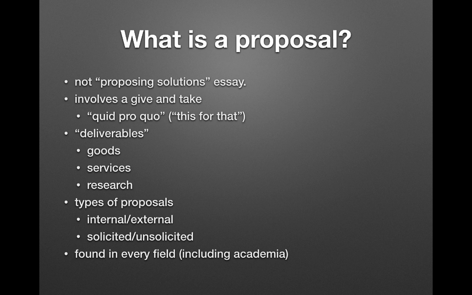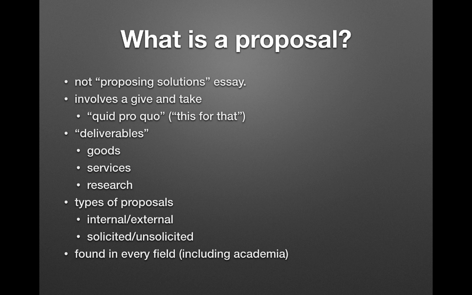So this is, I know, a bit confusing, but if we look down a little bit on this slide where it talks about deliverables, goods, services, and research. Research is one of the types of deliverables that you could provide. So let me back up a little bit.